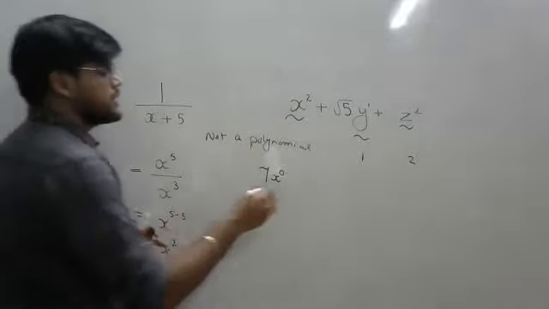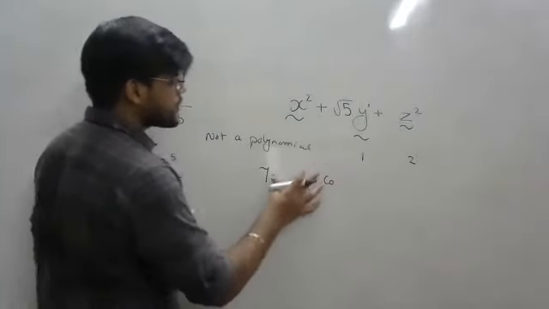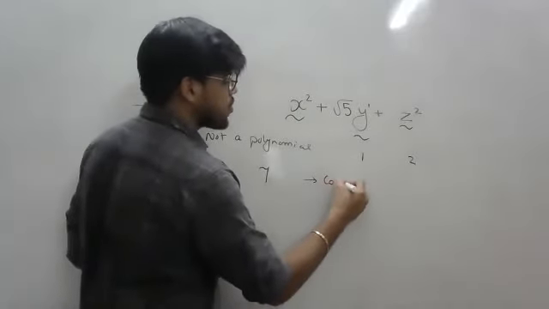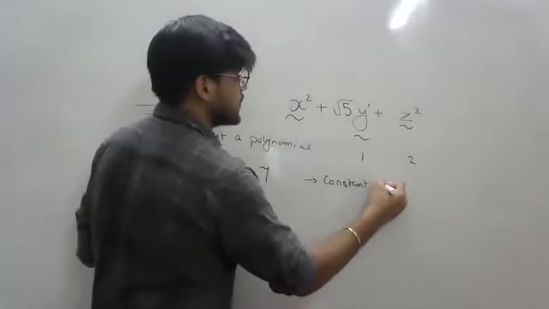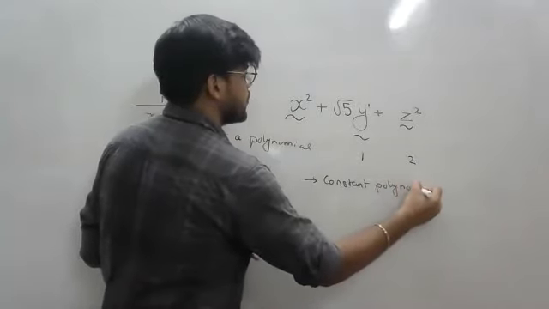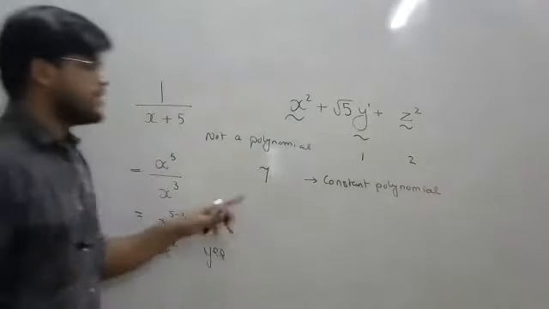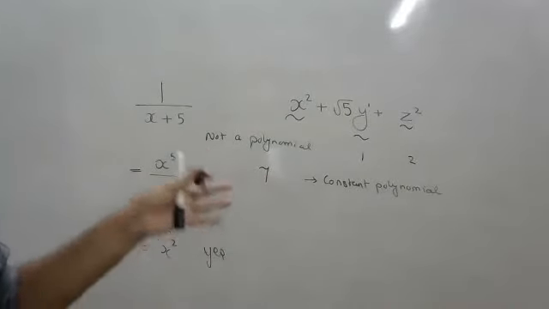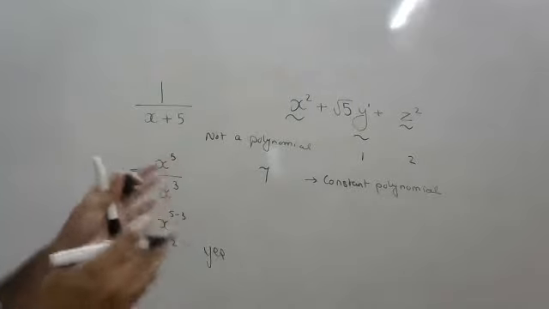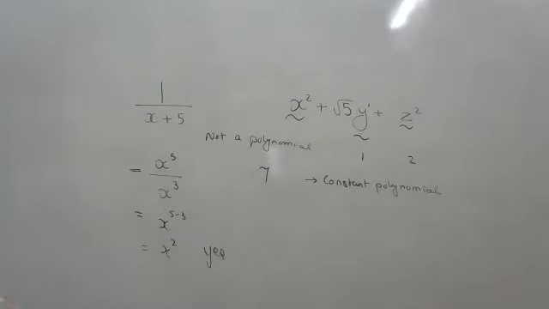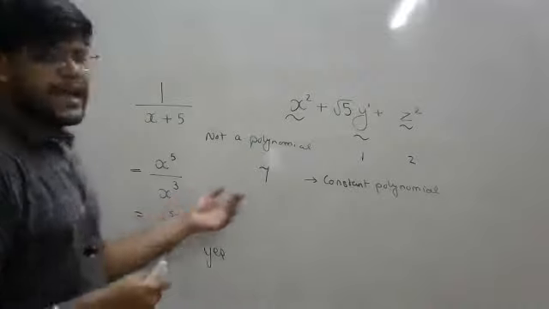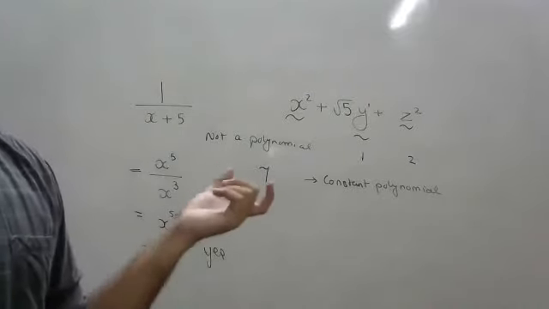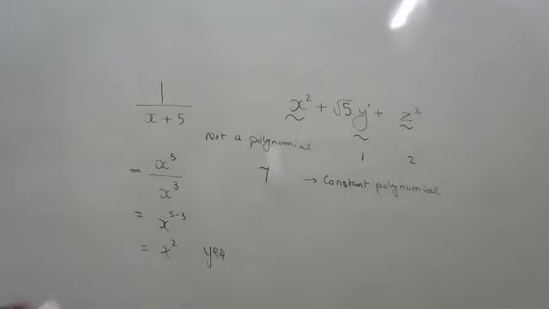This type of polynomial is considered a constant polynomial. When the variable is not present in any term, that means its power is 0. We can consider this to be a polynomial. So even this number is a constant polynomial.